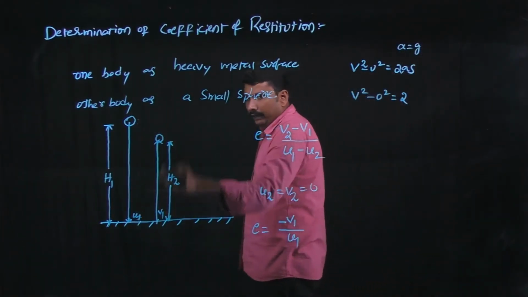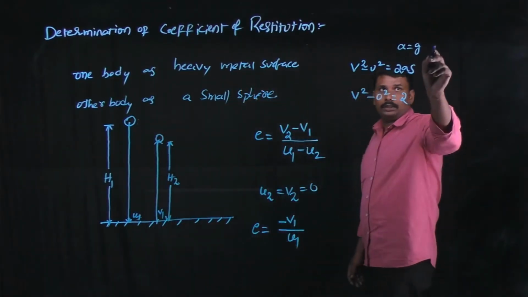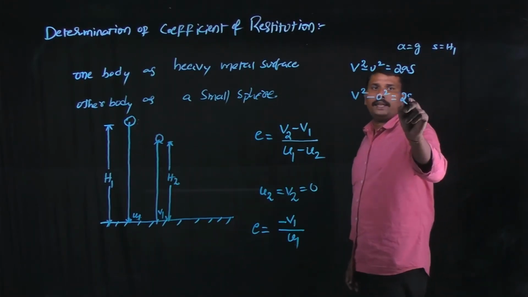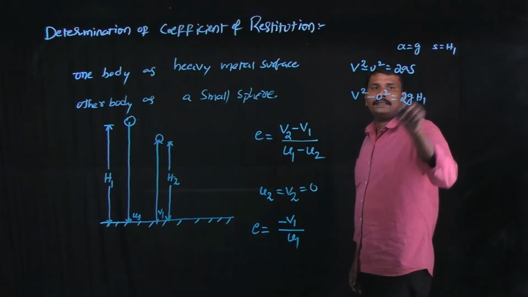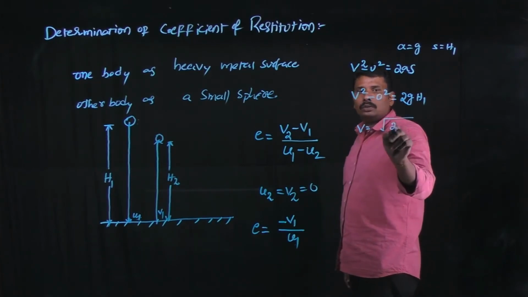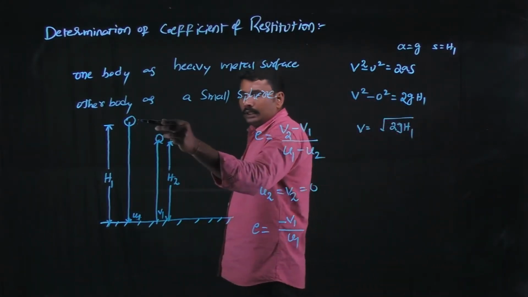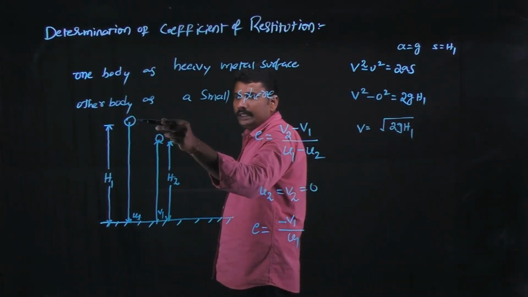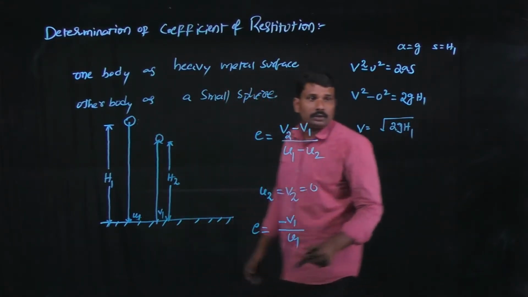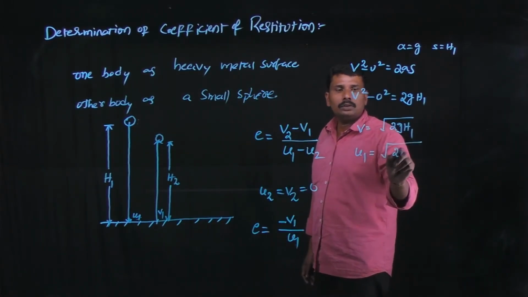The displacement travelled by the object is its height, s equals h1. Substituting these values, v equals under root 2g h1. So the final velocity is u1 equals under root 2g h1.